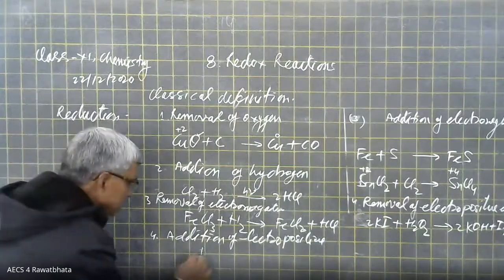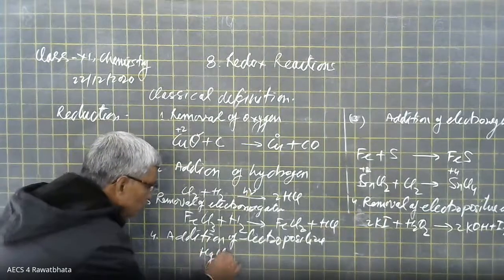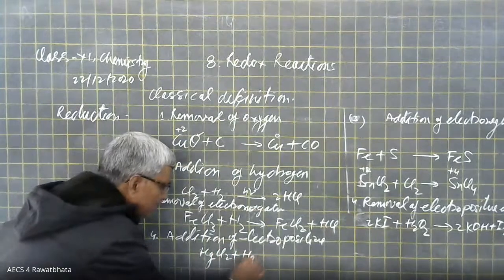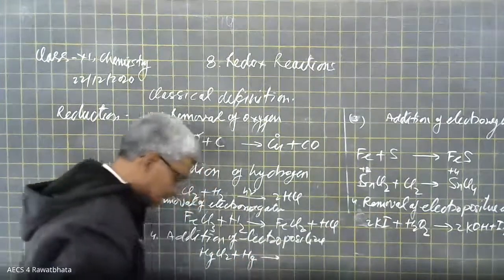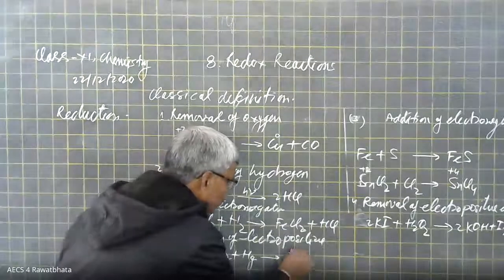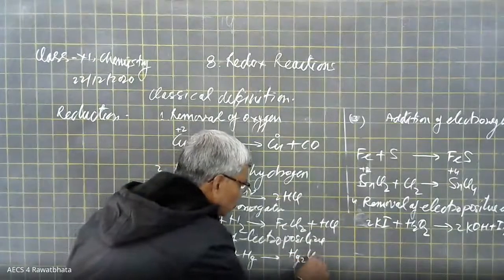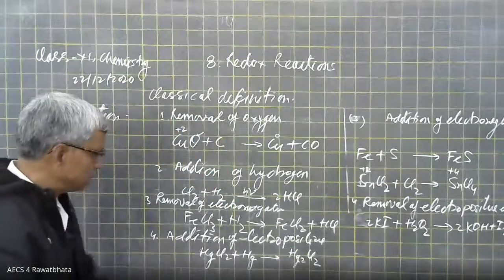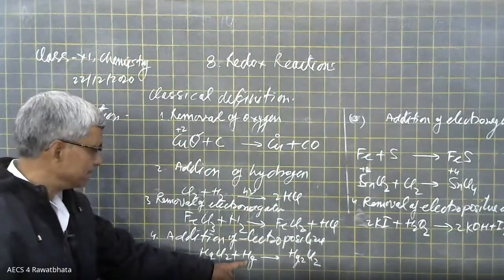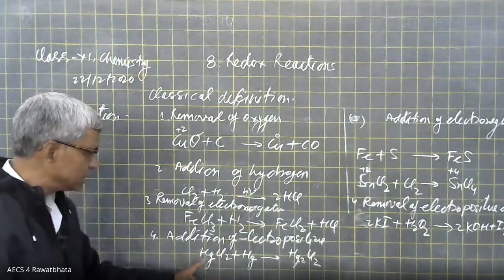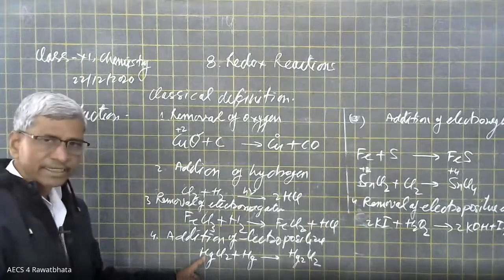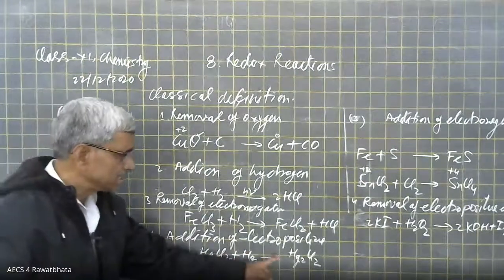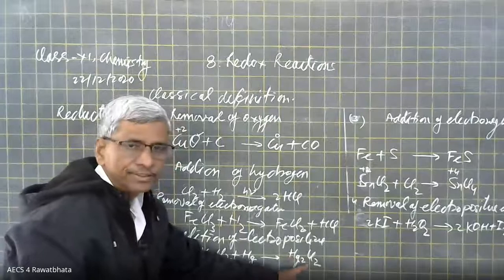Can you see this? HgCl2 plus Hg gives Hg2Cl2. Here Hg is the electropositive element joining with this compound HgCl2. This is called mercury second chloride, and this is the mercury first chloride.